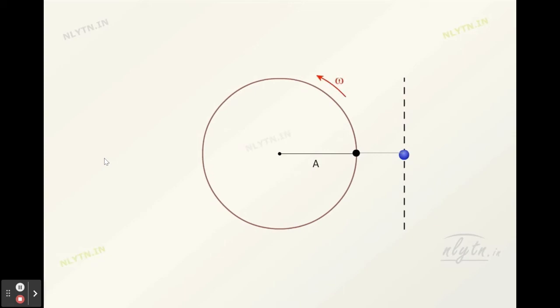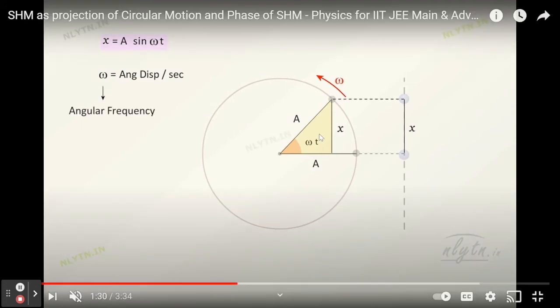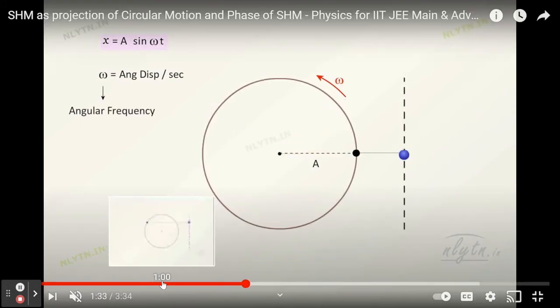And as such, we can actually use a lot of mathematical analysis for simple harmonic motion to be able to derive the equations from uniform circular motion. Effectively, what we're saying is this is really similar to uniform circular motion. We're going to go ahead and use uniform circular motion equations to derive our equations for simple harmonic motion.